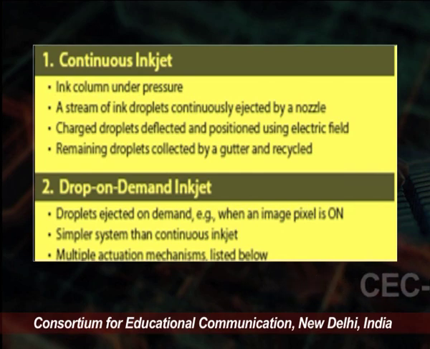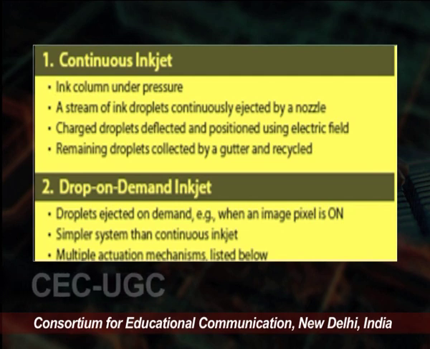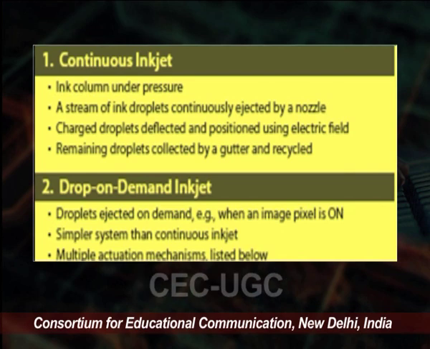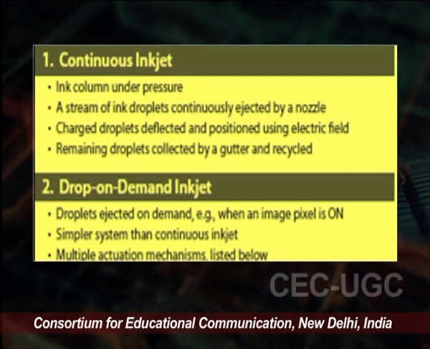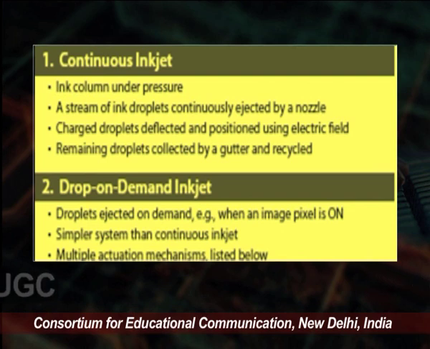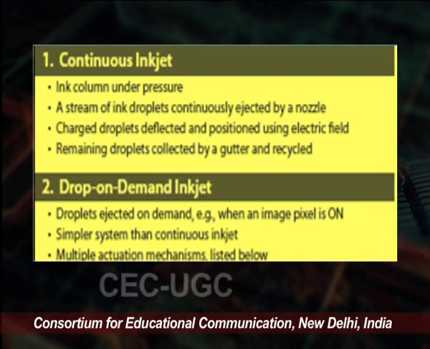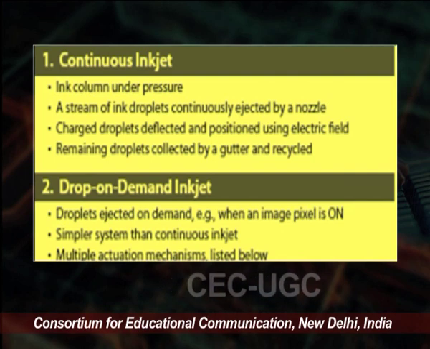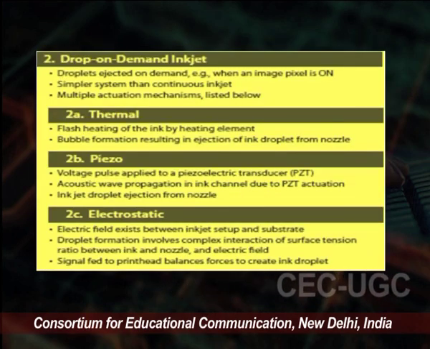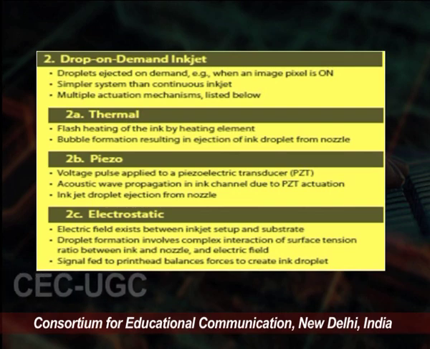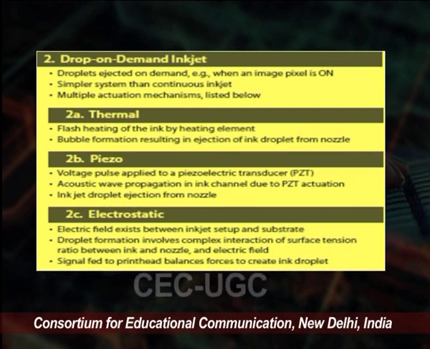Next is drop on demand. Droplets are ejected on demand, for example when an image pixel is on. It is a simpler system than continuous inkjet. Multiple actuation mechanisms are listed below: thermal, piezo and electrostatic. In the thermal, there is flash heating of the ink by a heating element.